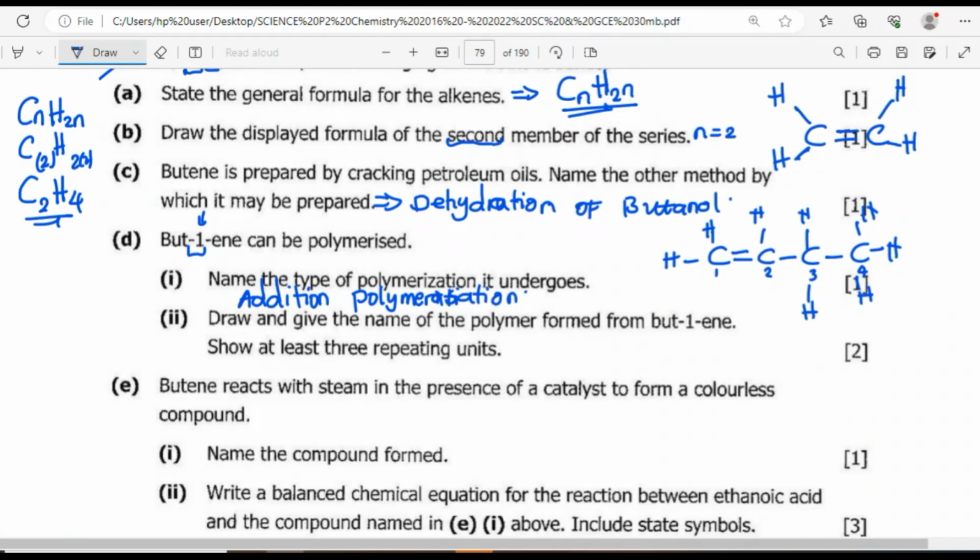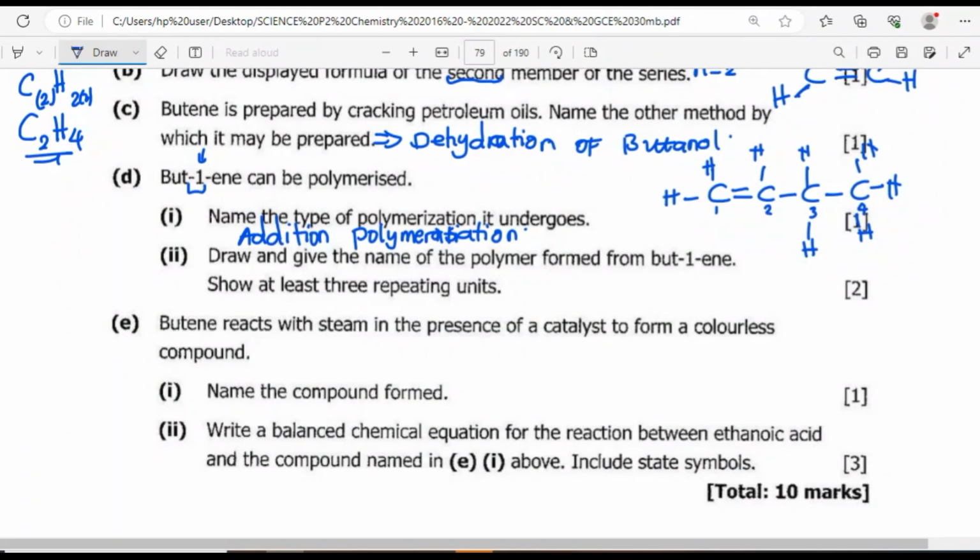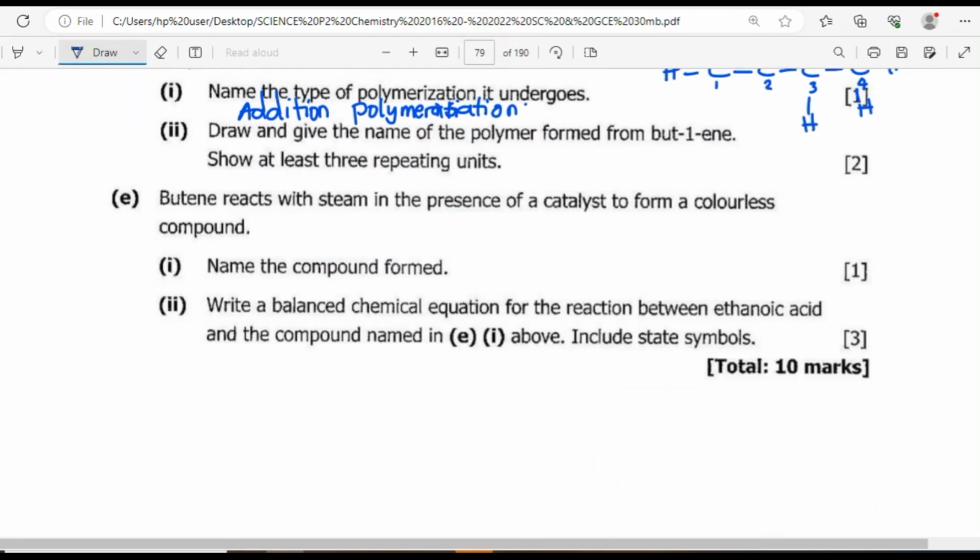Draw and give the name of the polymer formed from but-1-ene. Show at least 3 repeating units. Let's make enough space here. So we have butene plus butene plus butene.